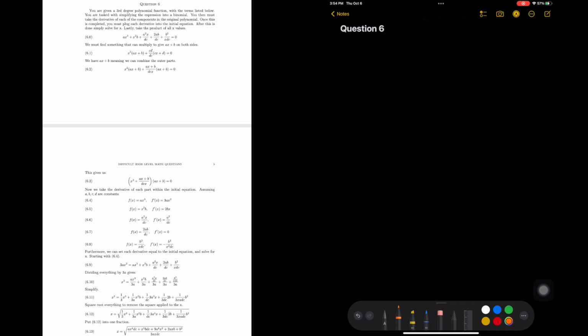So it may sound complicated at first, but essentially we have a polynomial of the form ax cubed plus x squared b plus a squared x over dc plus 2ab over dc plus b squared over x dc.